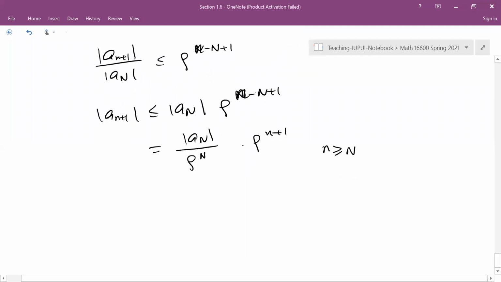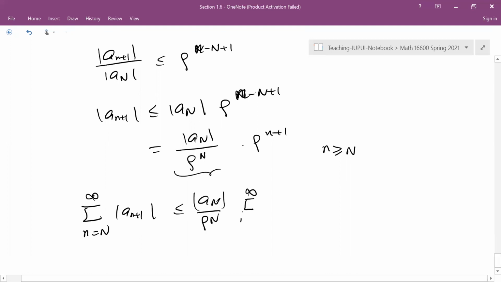And then you're using the comparison test. Why? Because this is the sum from capital N to infinity, less than or equal to, this is a constant, don't worry about that. And by the geometric series test, this is finite, because rho is less than 1.